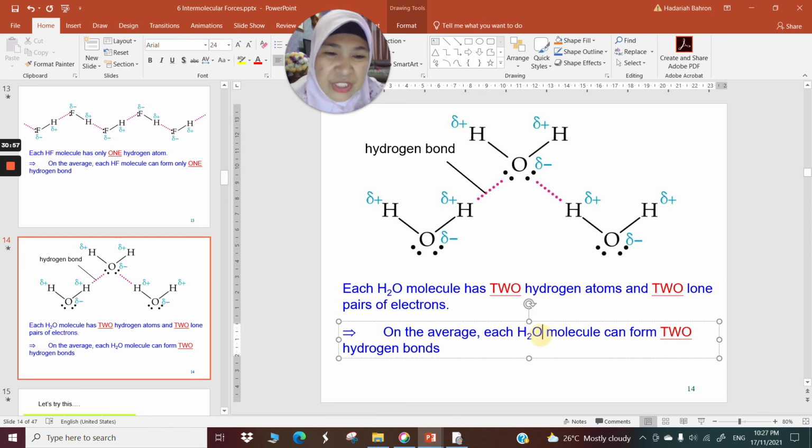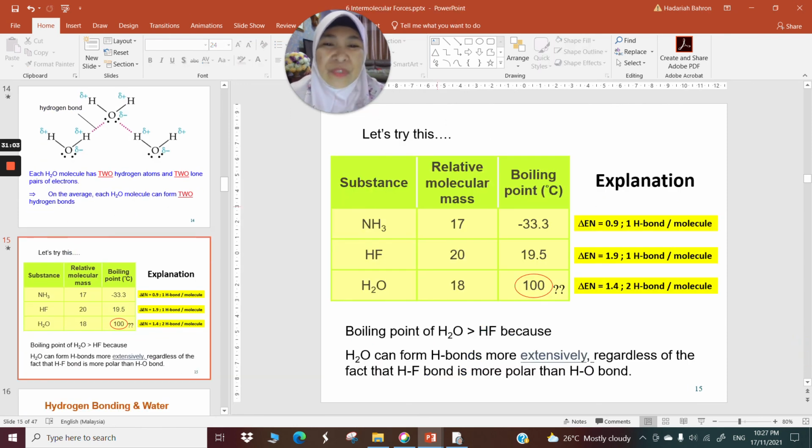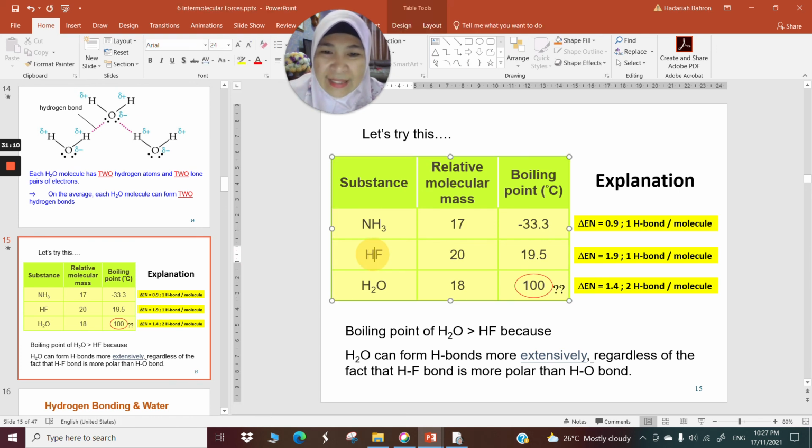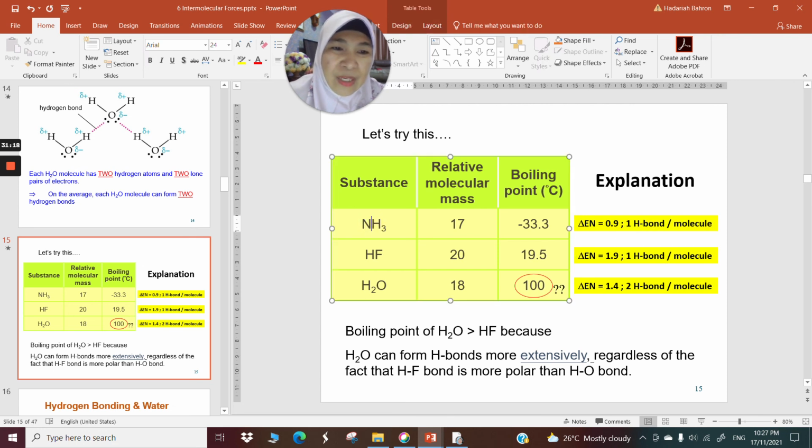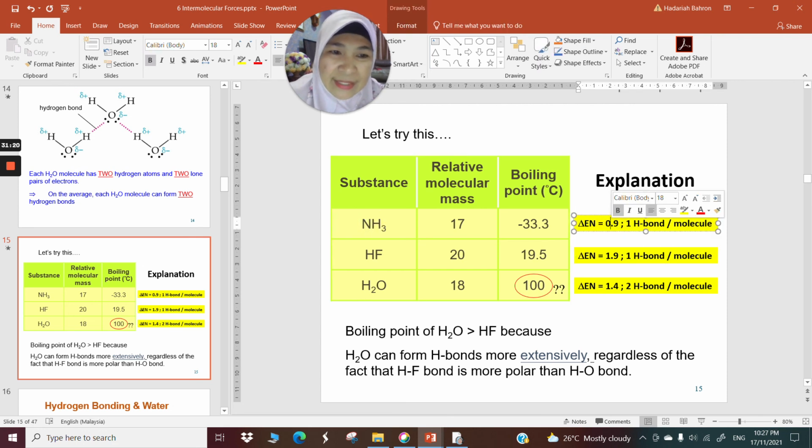And on average, each water molecule can form two hydrogen bonds. That is the explanation of this situation, where you see delta. HF has a delta which is very big, 1.9. NH has a delta of quite small, 0.9.